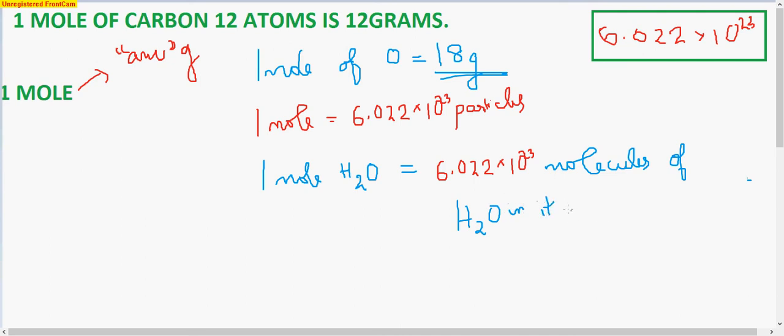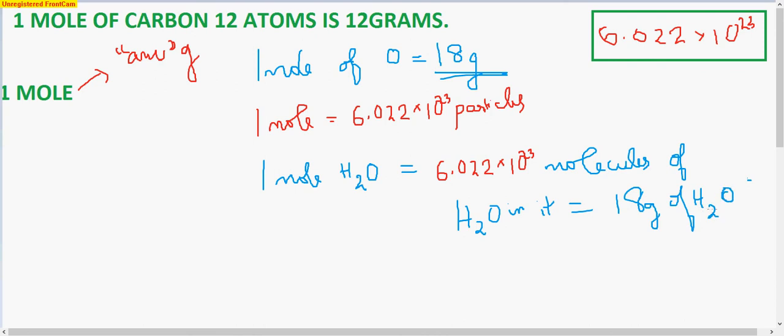Now this will also be equal to the atomic or the molecular mass. What is the molecular mass of H2O? H2 is 2 plus oxygen 16, so 18, which will be equal to 18 grams of H2O.